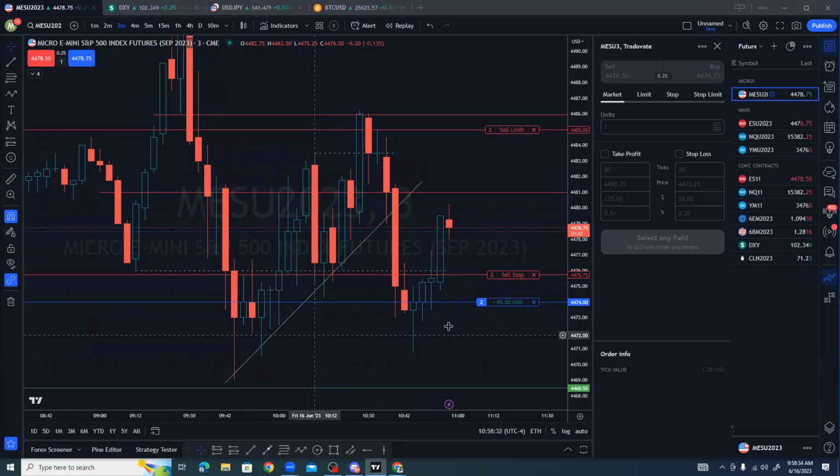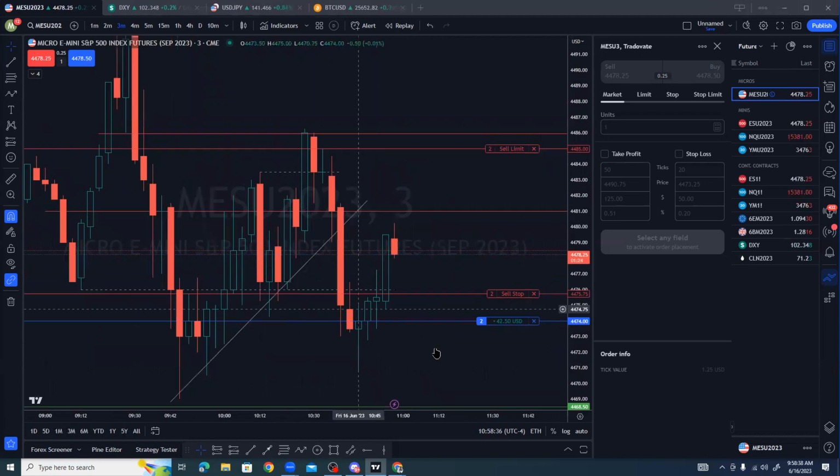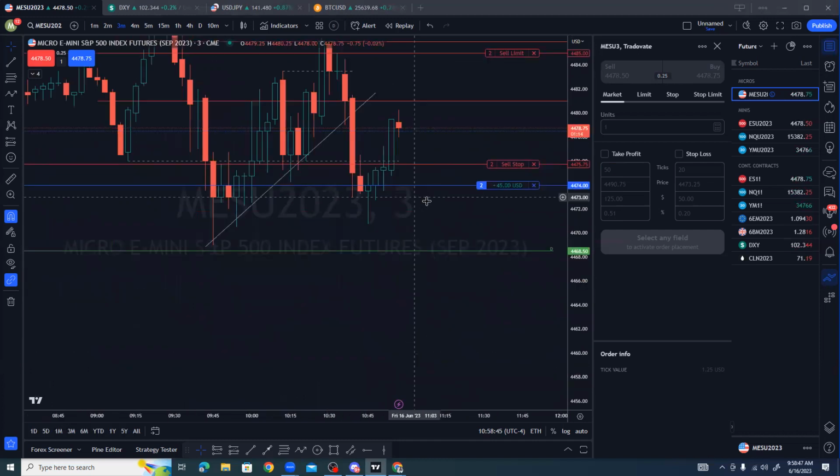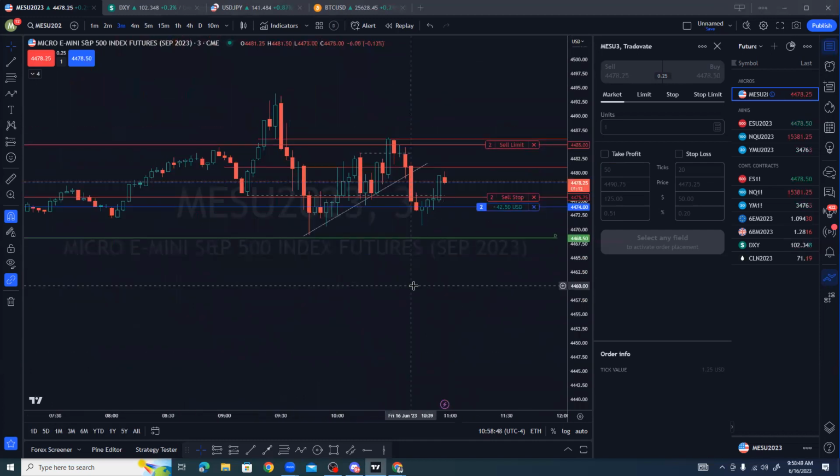And maybe we were already early, so maybe the silver bullet setup is going to be right here. Don't know though. It looks like we're just going to range.